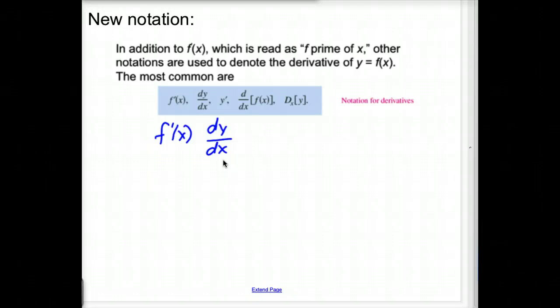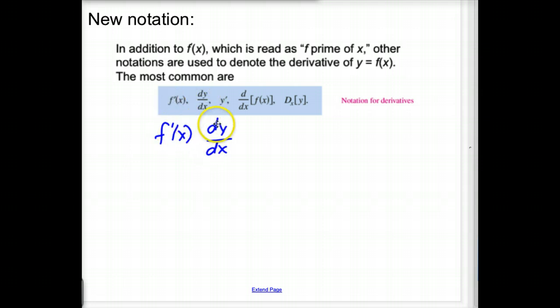One of them thought of it more as a geometry type problem, so he used the dy over dx. D is difference in y over difference in x, so a real obvious slope implication there, finding the slope. F prime of x was used because this person was thinking of it in terms of a function, not just a slope. So either way, we have to be familiar with both of them because both mathematicians came up with it, and we use both of them.